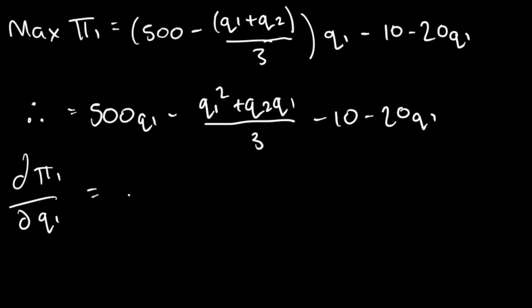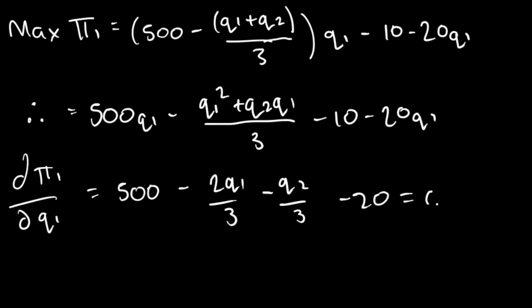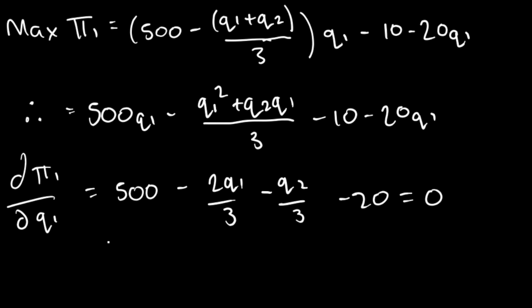So this is going to equal 2Q1 over 3 minus Q2 over 3 minus 20. As mentioned, we're setting this equal to 0 because that's what we do when we're maximizing a function.